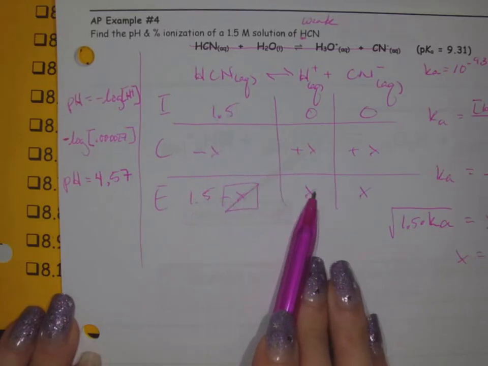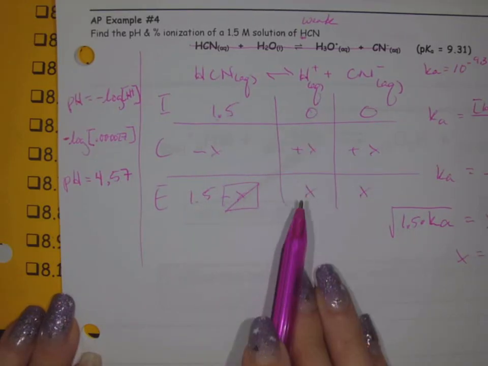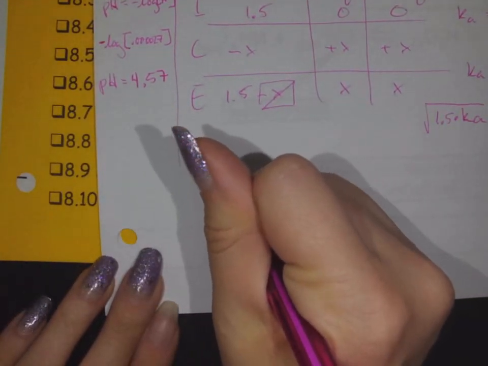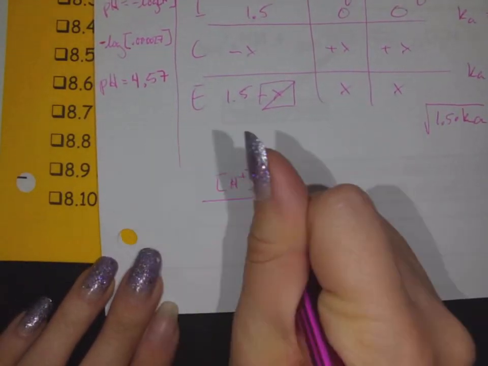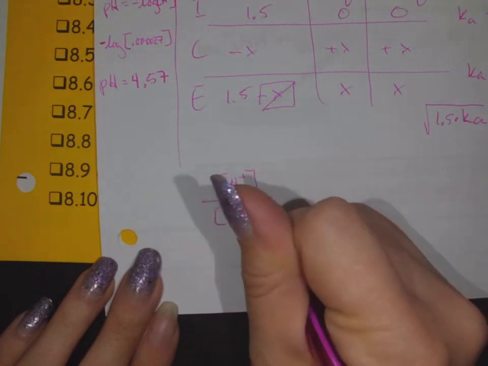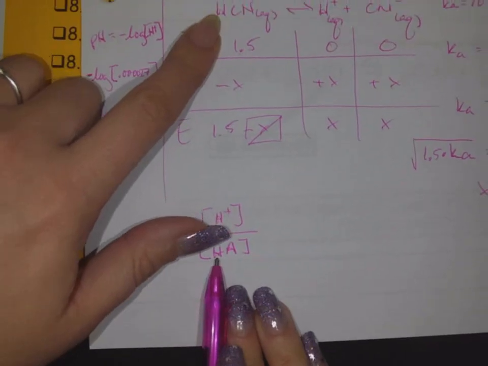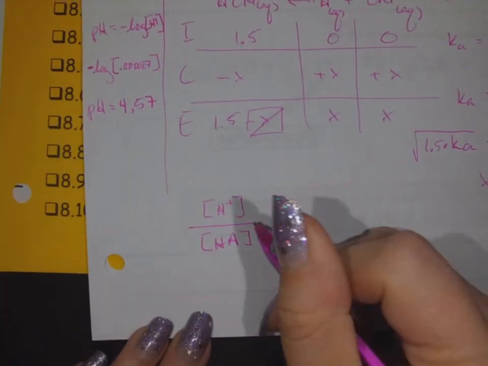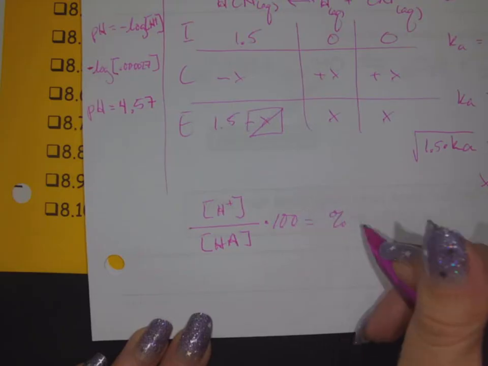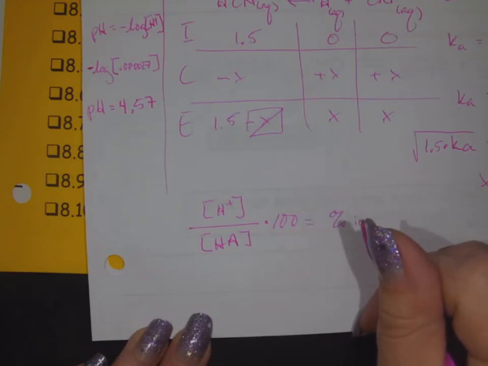Like, what's the concentration of the H+? So if you take your concentration of H+, and you divide it by the concentration of the HA, the original acid here, and then you times it by 100 to make it a percentage, that's where we get this percent ionization.